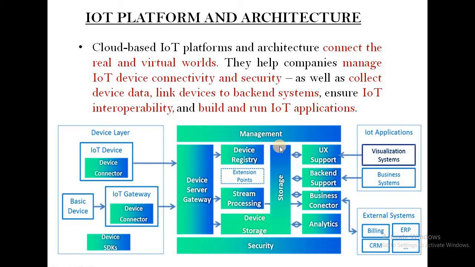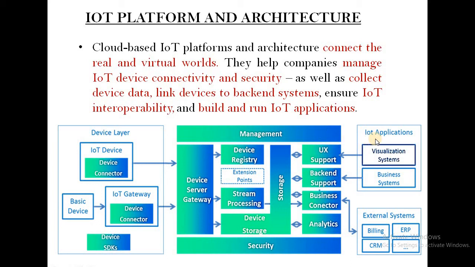Now the management layer consists of device server gateways, device registries, extension points, stream processing, device storage, and supportive layers, for example user interface support, backend support, business support, and analytics support.